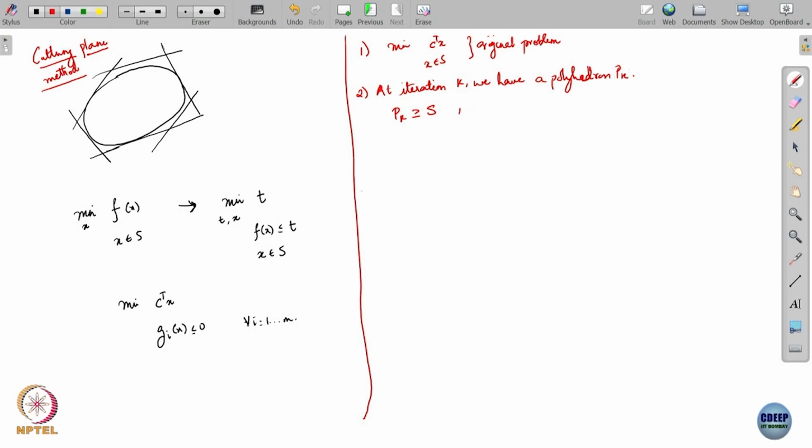Right. Now, what you do is, instead of solving the original problem, you minimize c transpose x subject to x in P_k. Now, this here is a linear program.